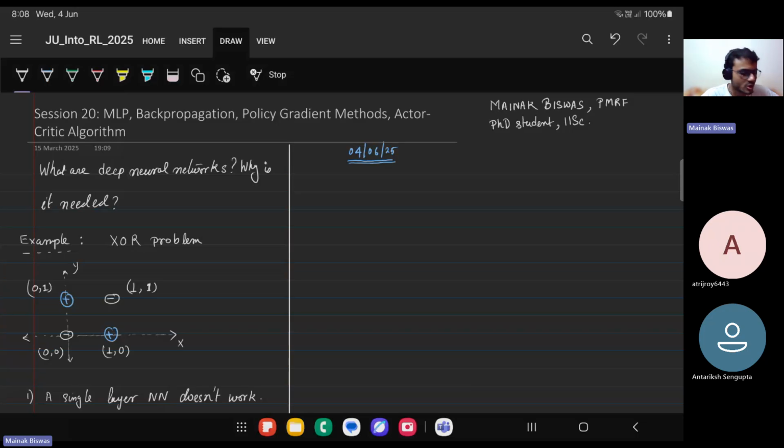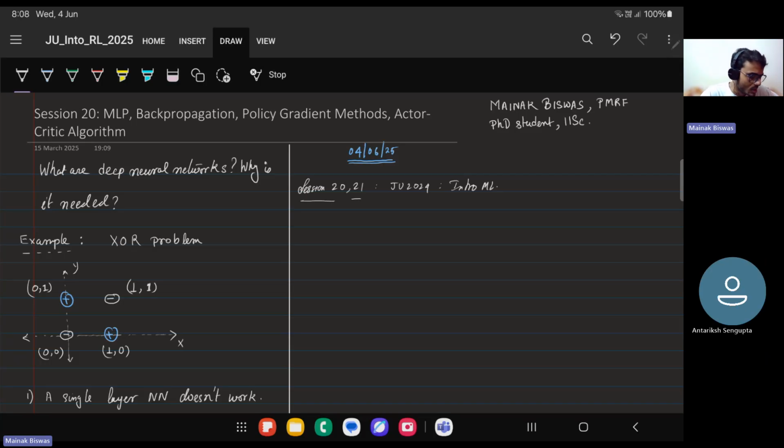start off with some project, as well as you can also go back and see sessions 20 and 21 from the JU 2024 Intro ML course. There you will have a lot of perceptrons and detailed backpropagation algorithms and so on.